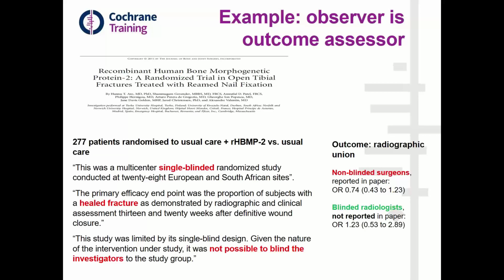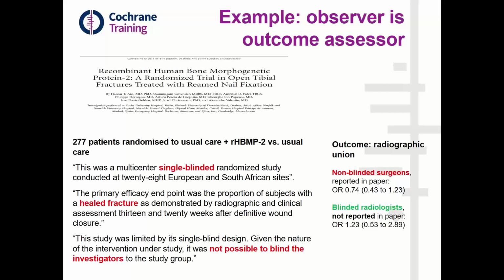The outcome, though, is healed fracture, and they reflect in the discussion that it wasn't possible to blind the investigator. When you look at the outcome, there wasn't a statistically significant effect based on the reported odds ratio, the reported effect by the non-blinded surgeons, but the point estimate indicated a possible effect.